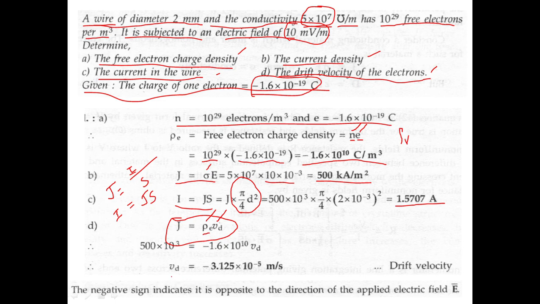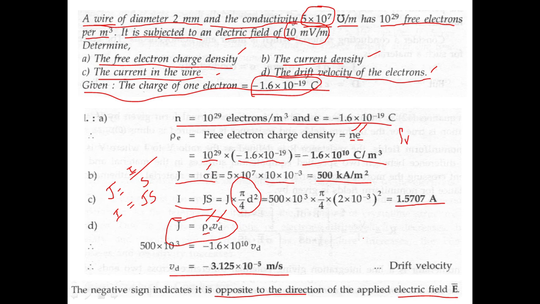The drift velocity will be minus 3.125 into 10 to the power minus 15 meters per second. Why do we have a negative sign here? The negative sign indicates it is opposite to the direction of the applied electric field E. Always the electron movement will be in the opposite direction, right?